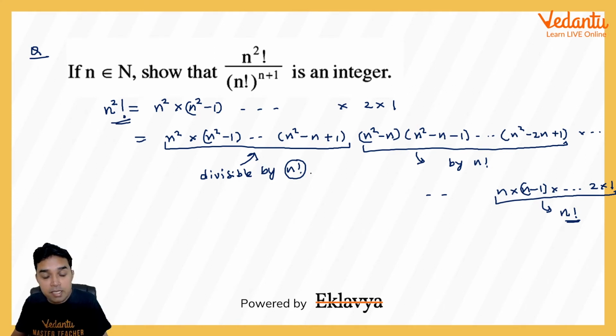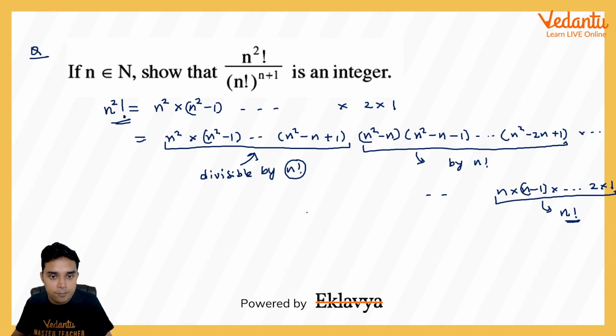If you notice here, this way we have only proved that this is divisible by n factorial power n. This n square factorial is divisible by n factorial power n, not n plus 1. Okay, I hope you are getting what I'm trying to tell you. So how can we tell that there will be an additional n factorial factor if we divide n square factorial by this n factorial n times?